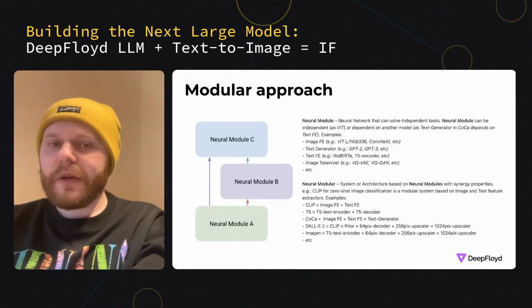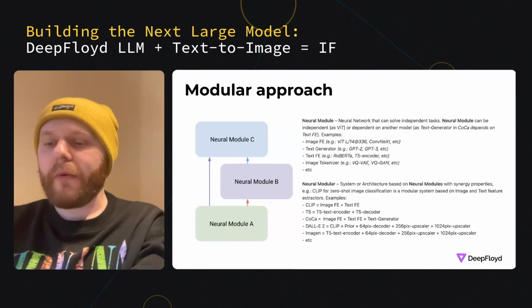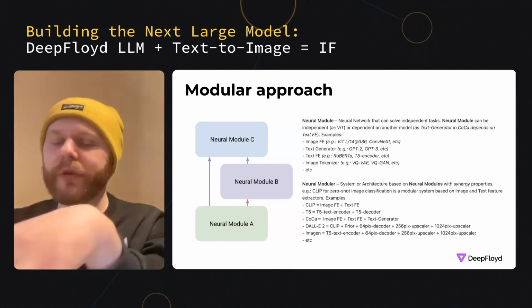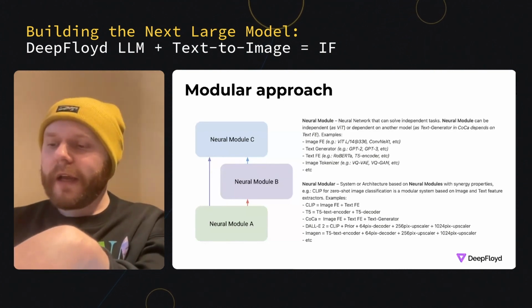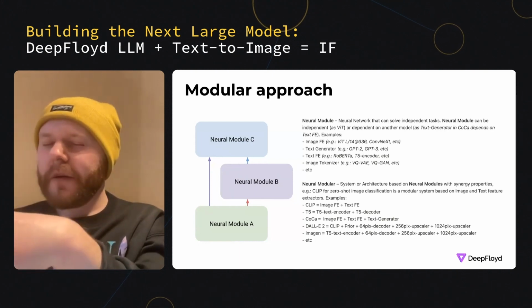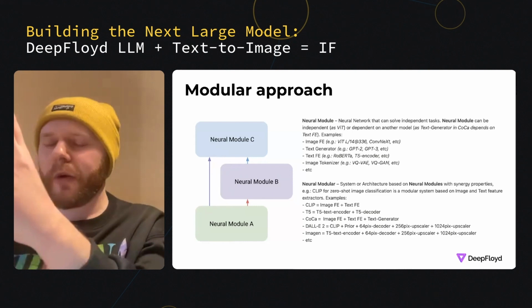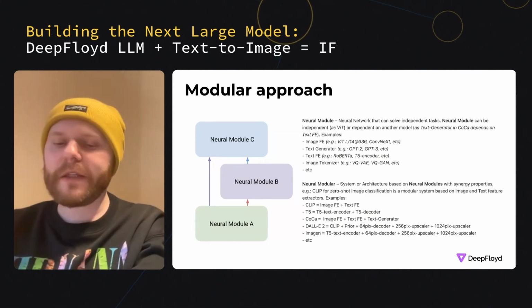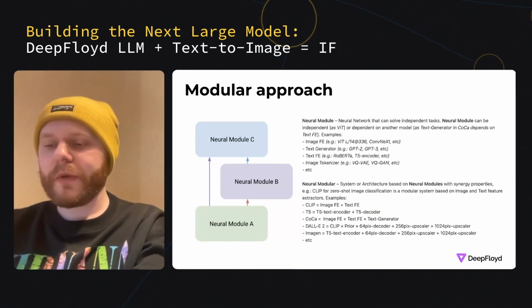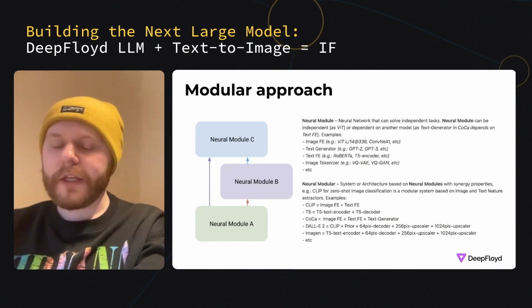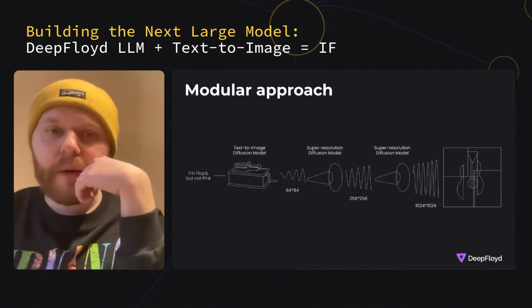But I think this is the core idea of our lab: to construct a lot of neural networks that are not separate, standalone things, but come with the modular approach, and you can combine them and see what happens next. And I hope in several weeks we will share some additional ideas that come from the modular approach.